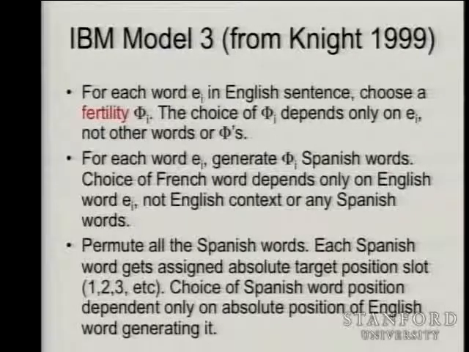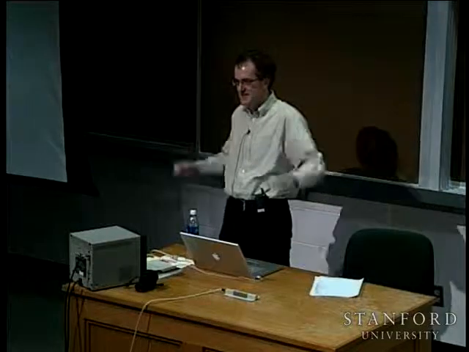And then we have these displacement probabilities, which are just like Model 2. So again, there are huge independence assumptions there. Displacement is just how likely words are to move how far around. It's not specific to what the words are.